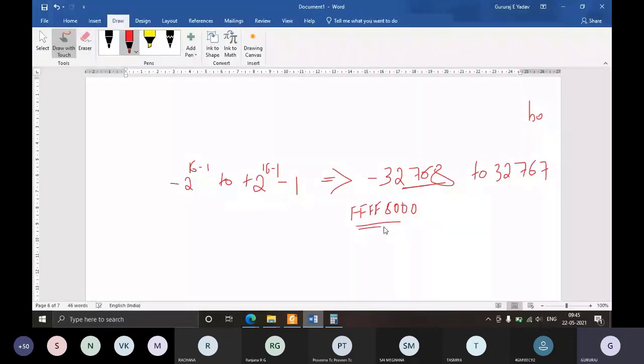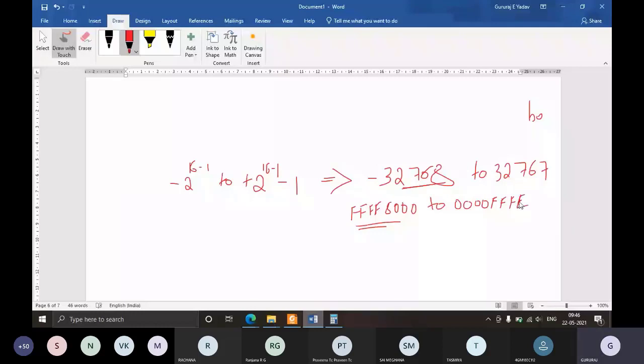Then plus 32,767: since it is positive, the MSB is always 0, so it is 7FFF. This is the range that we can represent using 16 bits.